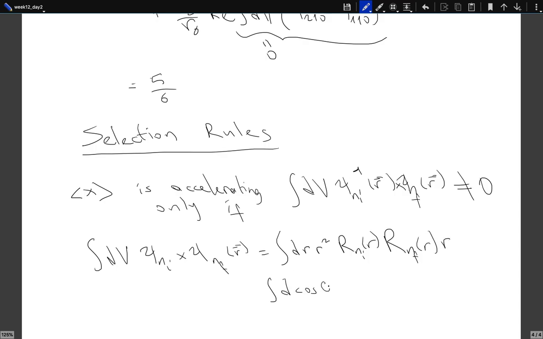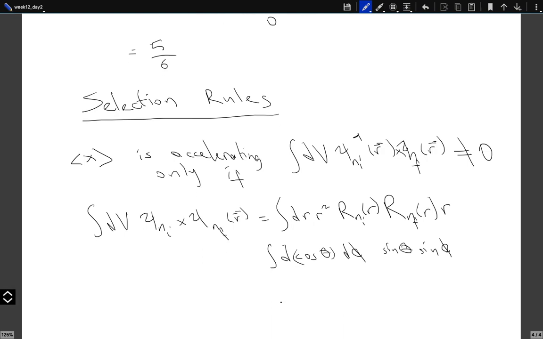Then we have the cosine theta, d phi, and x is sine theta and sine phi.